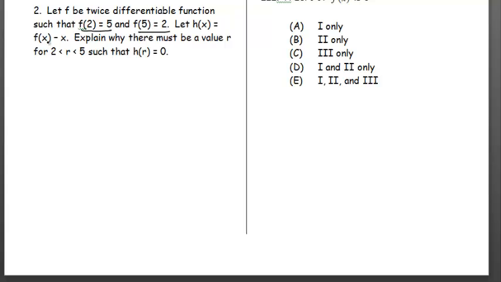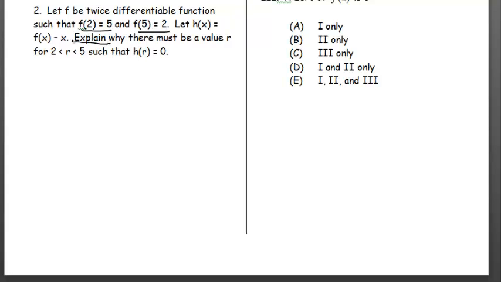And remember, if anything's differentiable, differentiability implies continuity. So I can say that h is also continuous. And because we're talking about the IVT, that's the only condition we need to worry about is the continuity piece. But again, like I said, differentiability implies continuity.